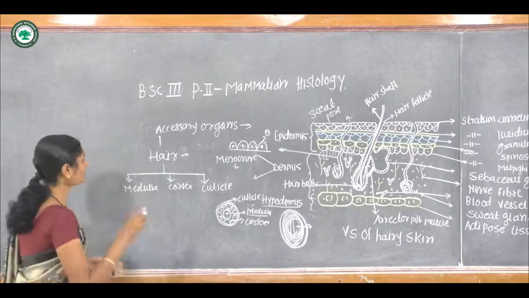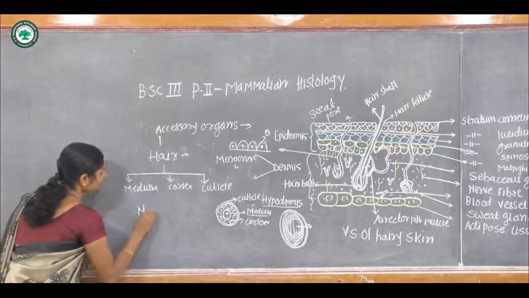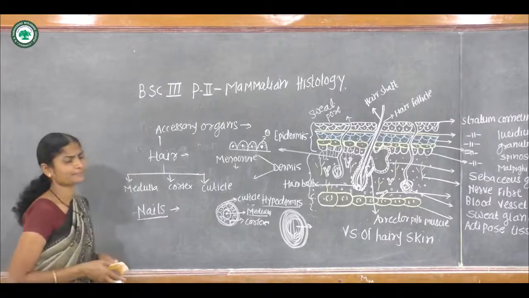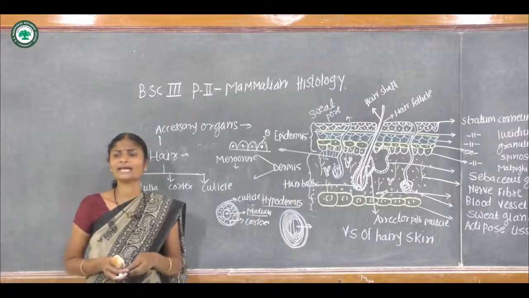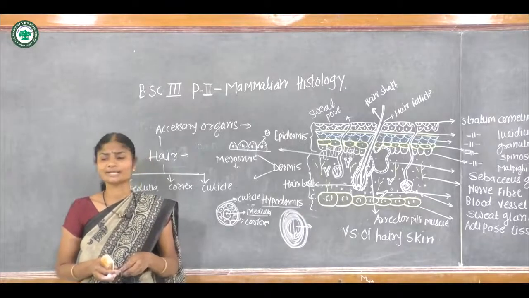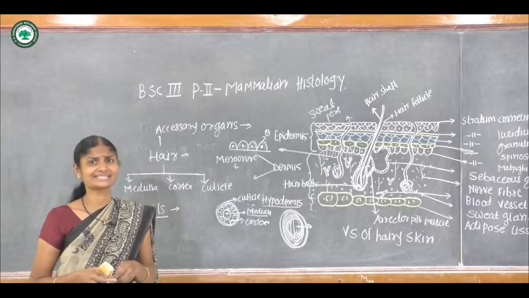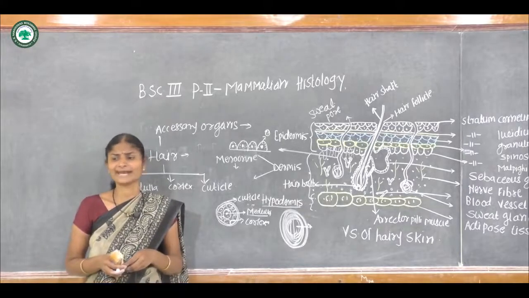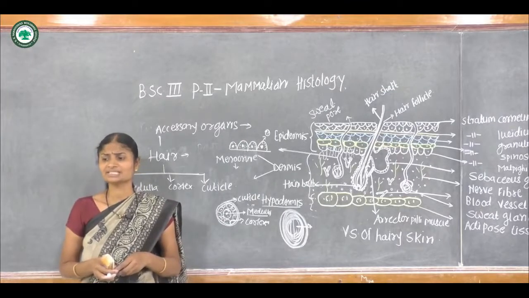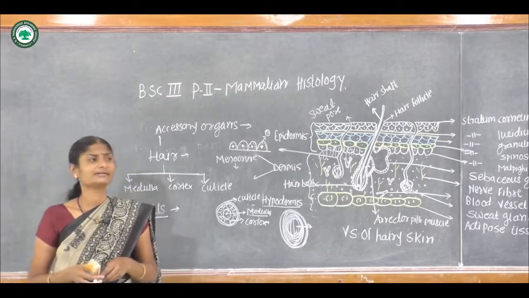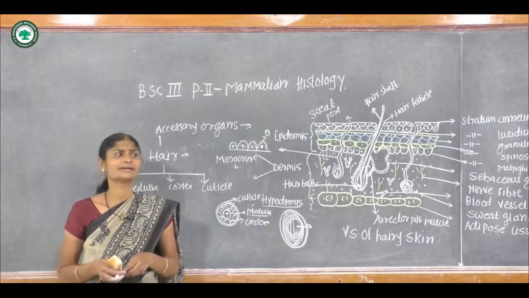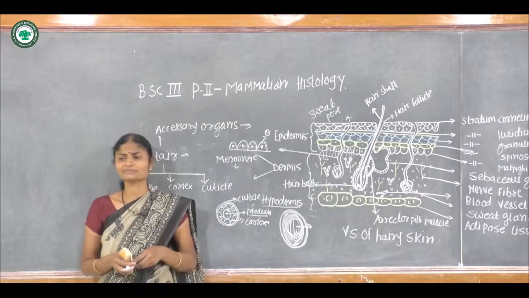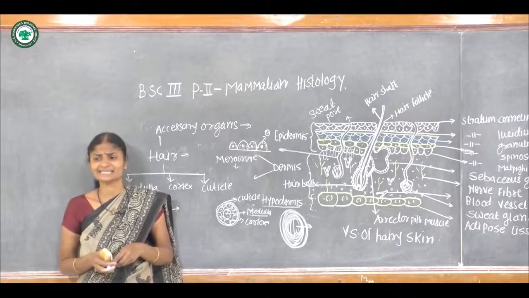The next accessory organ is nails. Nails are formed mainly by horny plates of dead keratinized cells. They are produced by the nail matrix, and the nail grows from the nail matrix by actively dividing epidermal cells.